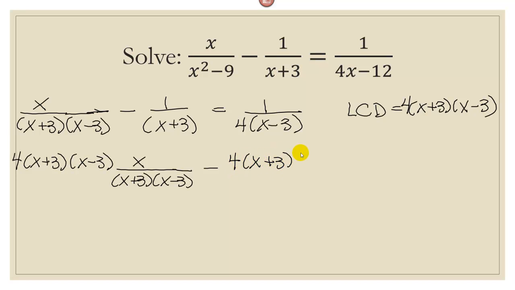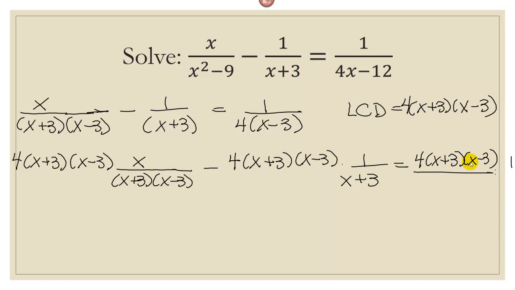So we have 4 times x plus 3, x minus 3 times 1 over x plus 3 equals 4 times x plus 3 times x minus 3 times 1 over the 4 times x minus 3. I apologize for running out of space there.